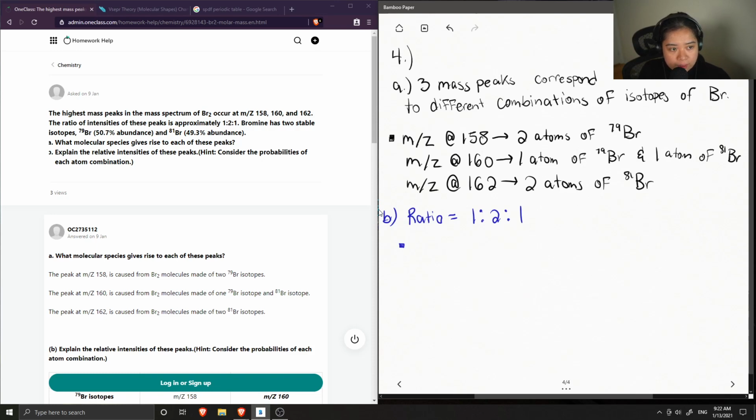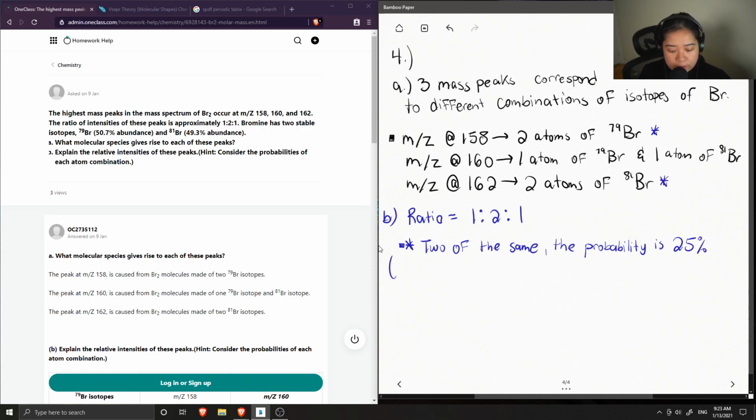So the probability of having two atoms of the same, so I'm going to put an asterisk when we have two of the same, the probability is 25%.